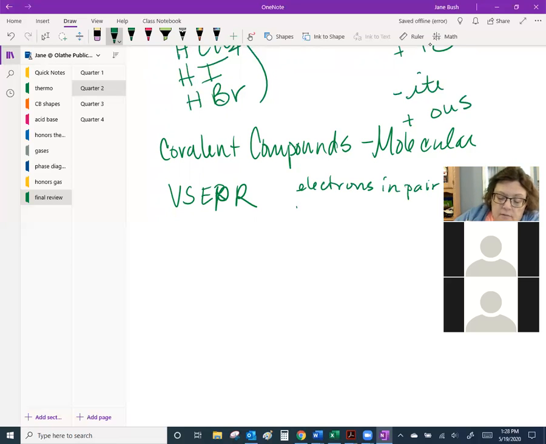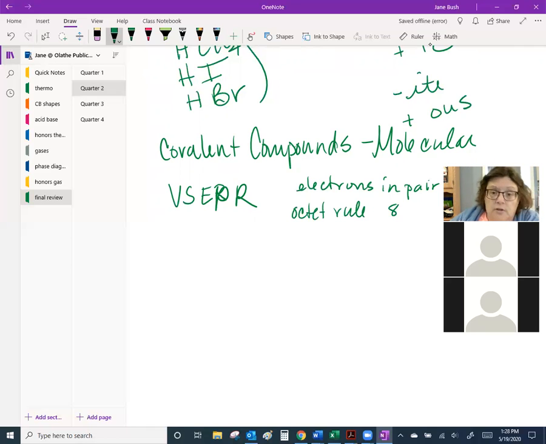And we have to follow the octet rule, which means they need to have 8 around the central atom, but sometimes they can have more because we have exceptions to every rule. And hydrogen would only have 2.